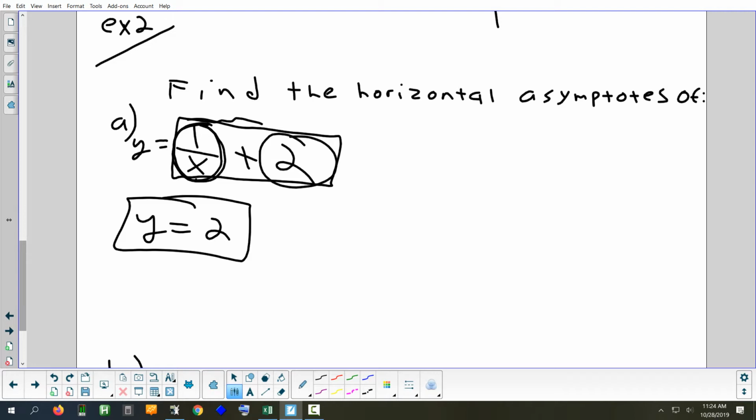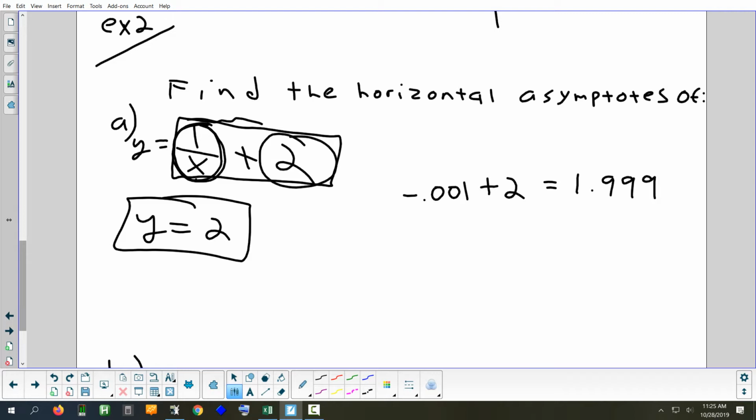Y equals 2. Now, let's say x was, let's just pick a big negative number we can do in our heads. Not that big. 1 divided by negative 1,000 is negative 0.001. If you add 2 to that, I plugged in negative 1,000 for x. What's negative 0.001 plus 2? Yeah? 1.999.